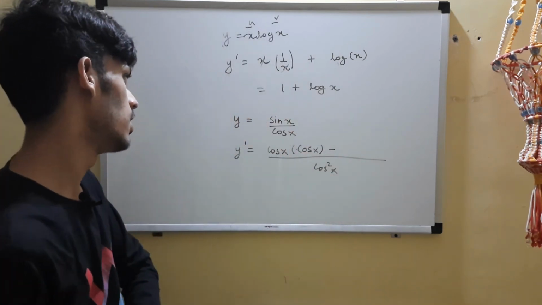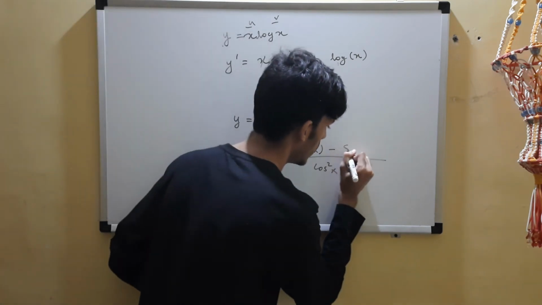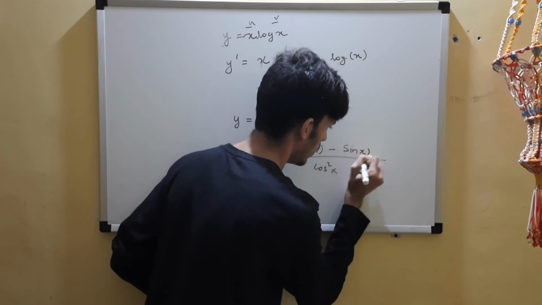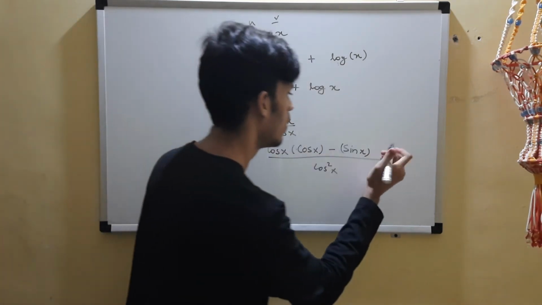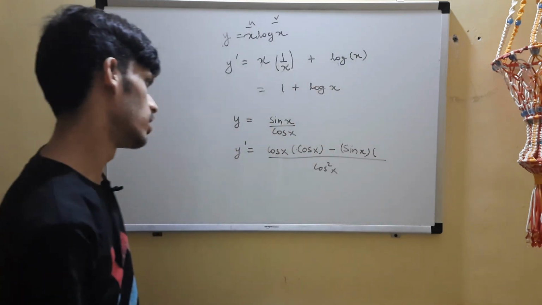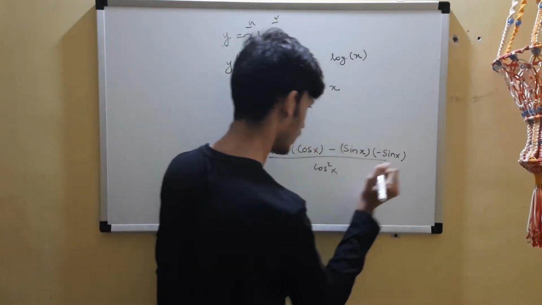Now copy paste sin x, times the differentiation of the bottom one, cos x, which is minus sin x.